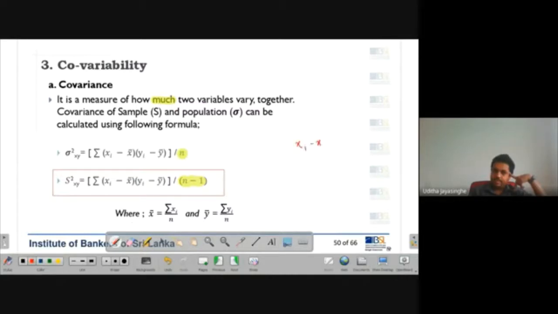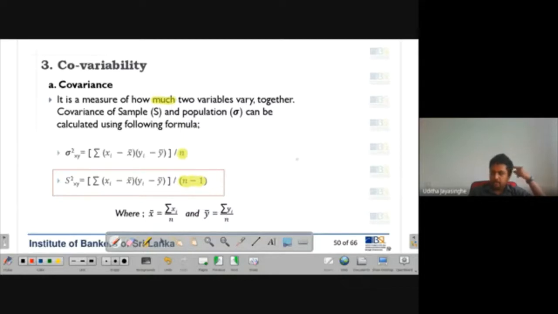Xi minus x bar divided by n. Variance. If it is a standard deviation, you take the bracket n or n minus 1. The same argument, but here no longer xi minus x bar to the square, but rather now we have two variables.